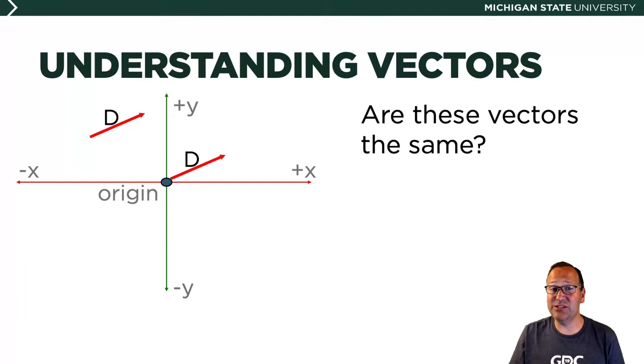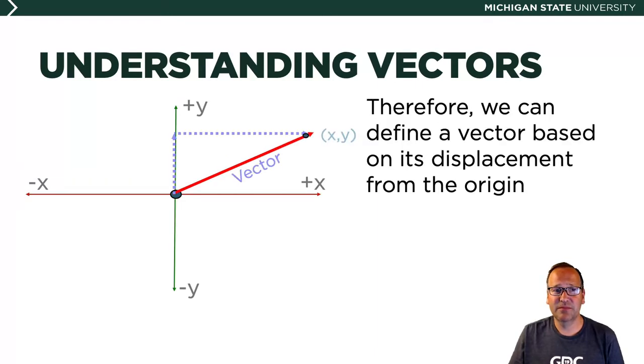But let's look at these 2 vectors. One is at the origin and one is away from the origin. Are these vectors the same? Well, it turns out, yes, they are. Both vectors have the same direction or angle and magnitude or length, even though visually they look like they're in different places. Therefore, we could define a vector based on its displacement from the origin.